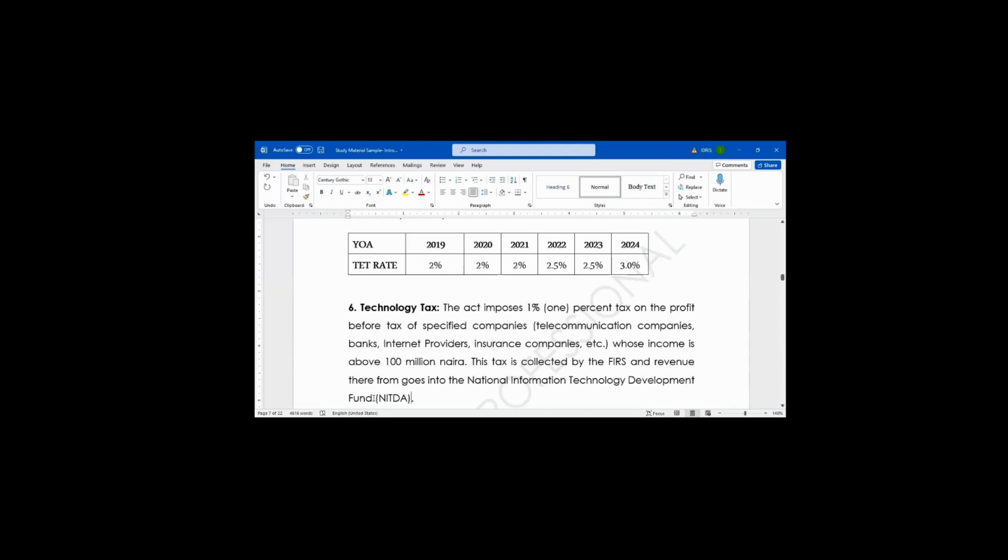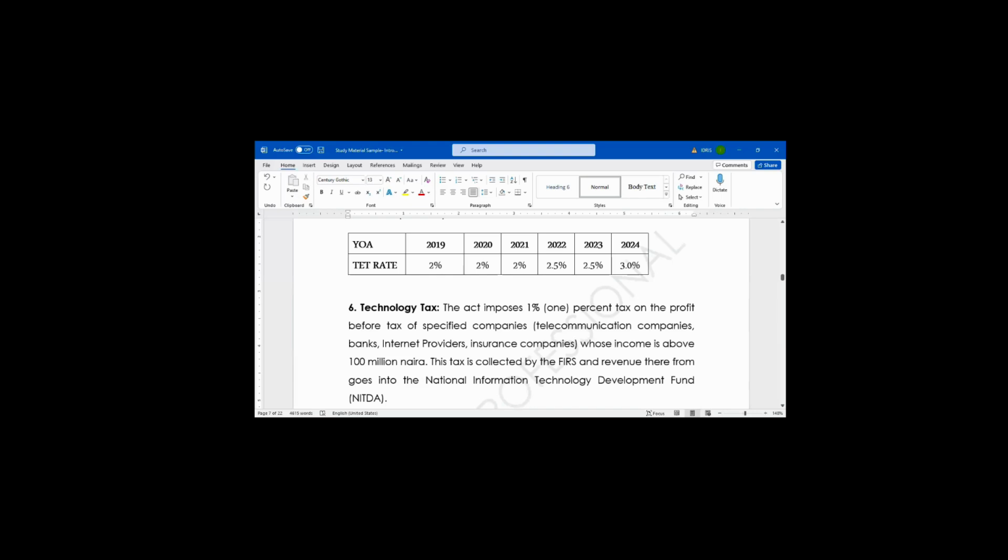But it is not every company that pays technology tax. We have a list of selected companies that pay technology tax. What are the companies that pay technology tax? Number one, telecommunication companies, like MTN, Airtel, Glo, Globacom.